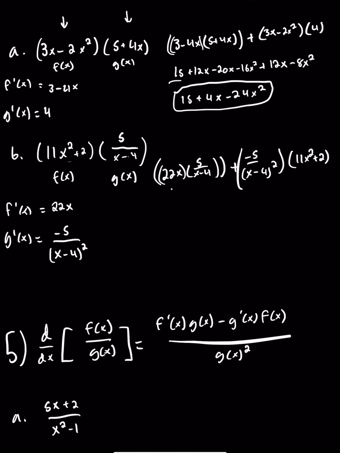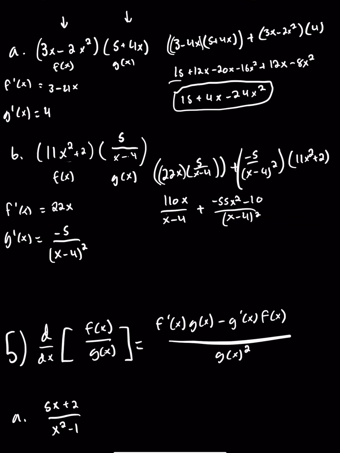Okay, and then we're going to be left with a large number. It's going to be 110x over x minus 4 plus negative 55x squared minus 10 over x minus 4 squared.